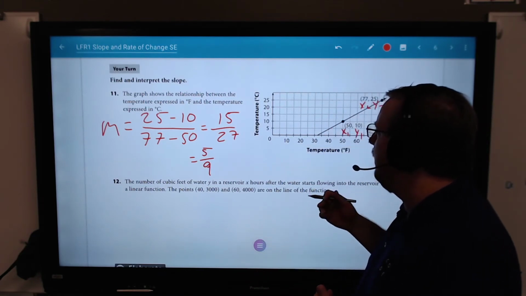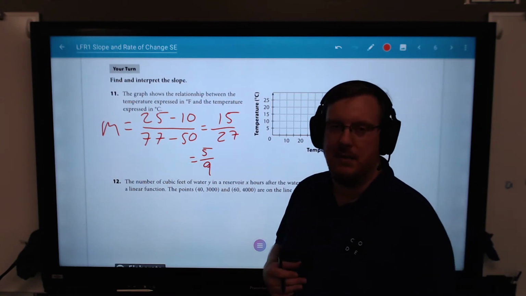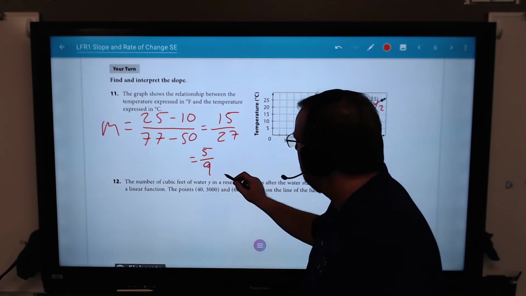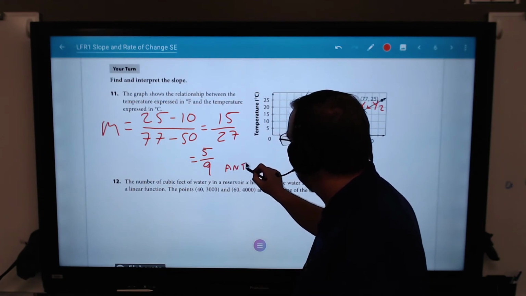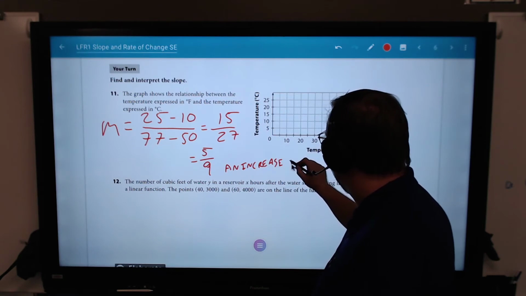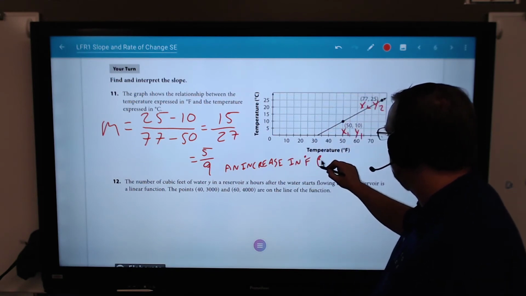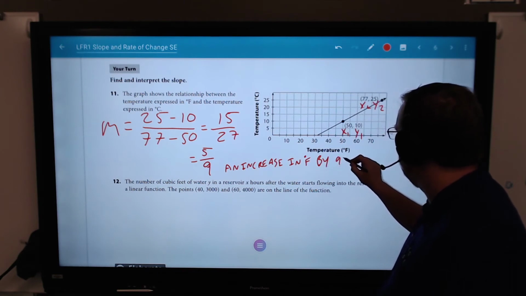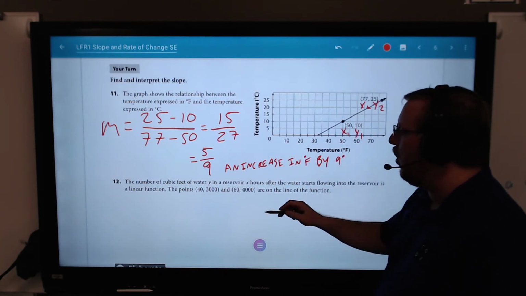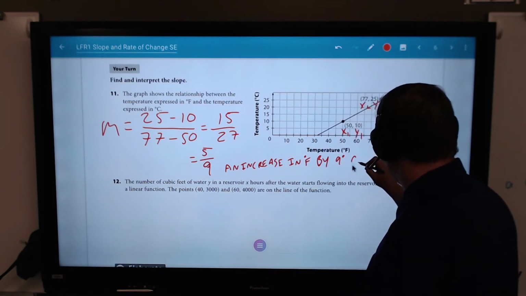So 5 ninths. Here's how I'm going to think about this. I'm going to say an increase in degrees Fahrenheit by 9 degrees corresponds to a 5-degree increase in Celsius.